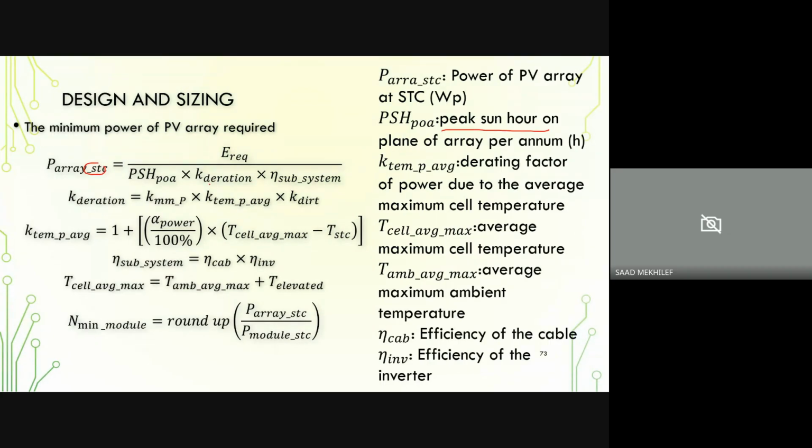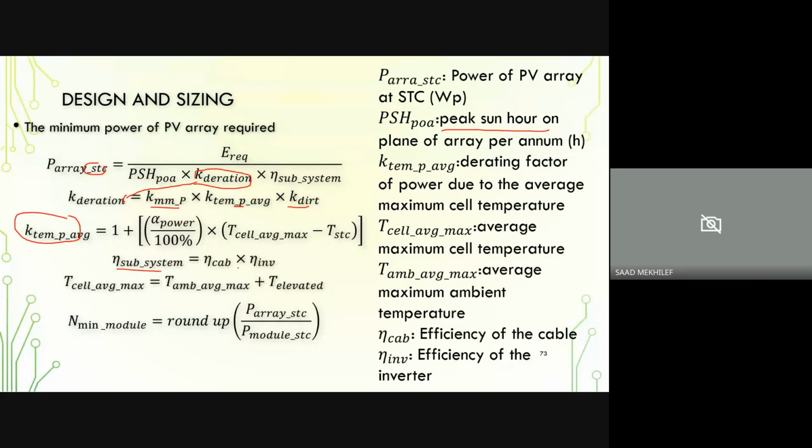This is the derating. This one actually includes a number of derating factors, such as the derating due to dirt, and the derating factor due to temperature. You calculate all of this.